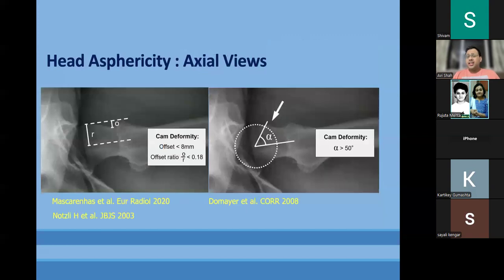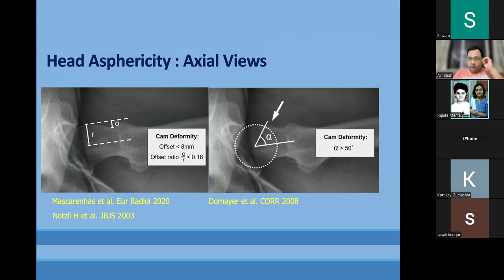Next is looking at the offset. For the offset, we look at something which is known as the alpha angle. You draw a circle, you draw the axis of the neck, and you draw the line at the point where the sphericity of the head changes, you attach that to the center of the head, and that gives you the alpha angle. So any alpha angle more than 50 tells us there is a cam deformity.